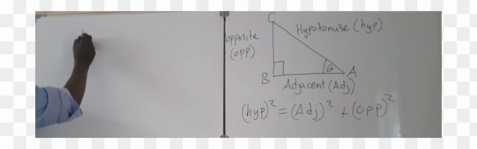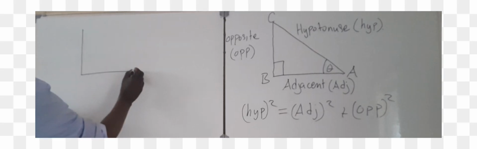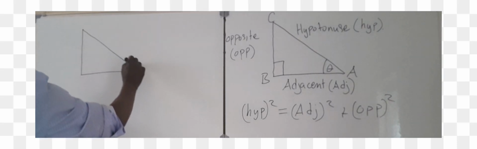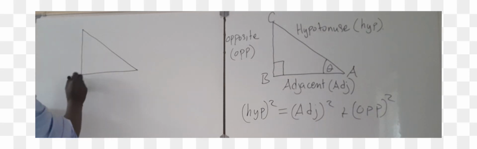Let's take a simple and nice example. Supposing we are given a triangle. Okay, so here is our triangle. Let's label it A, B, C. How you label it is really neither here nor there.